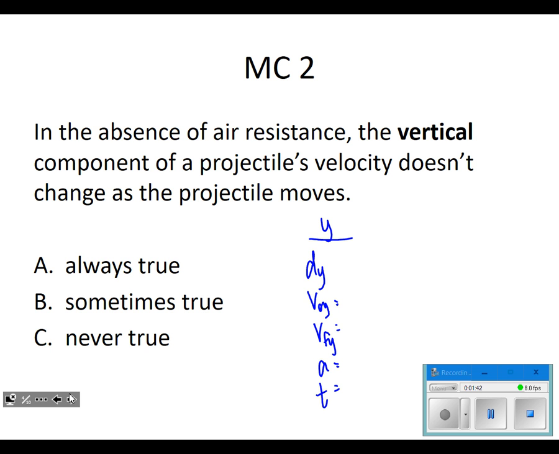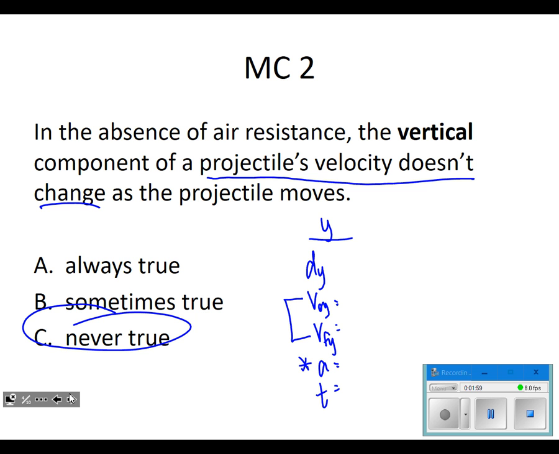Well, automatically we have two different velocities. And this statement is saying that the velocity doesn't change. Well, we have acceleration in the y-plane. So yes, the velocity does change. So that makes this statement never true. Velocity in the vertical is always changing because of acceleration.